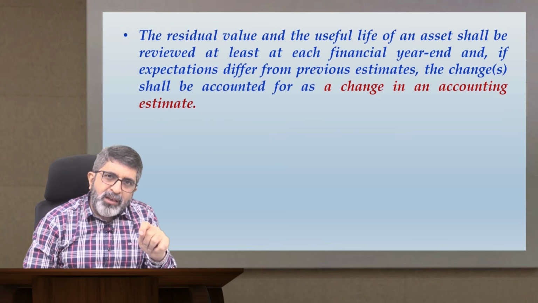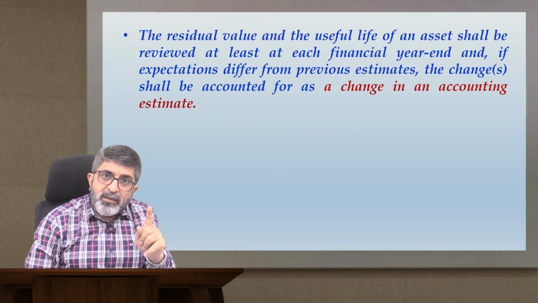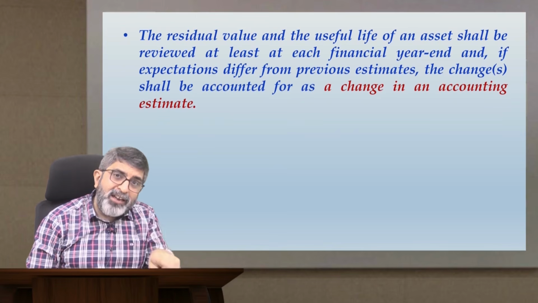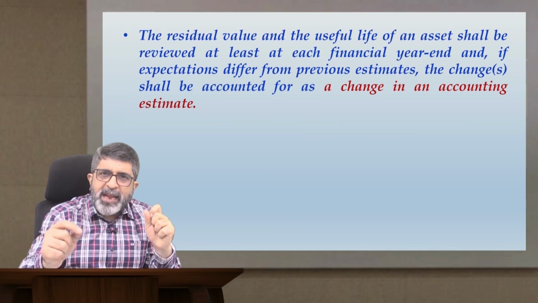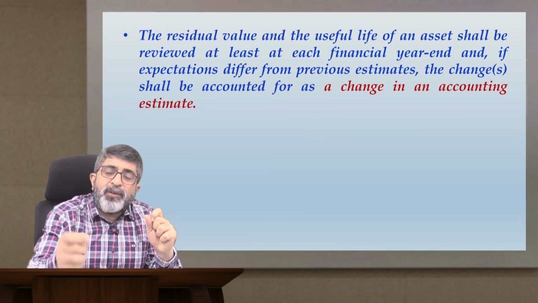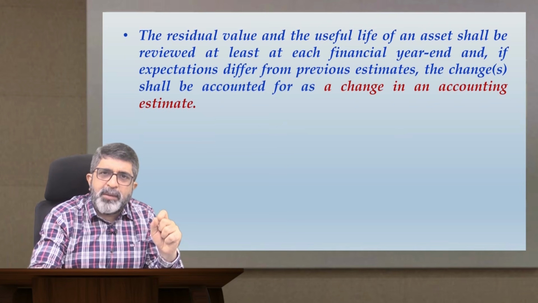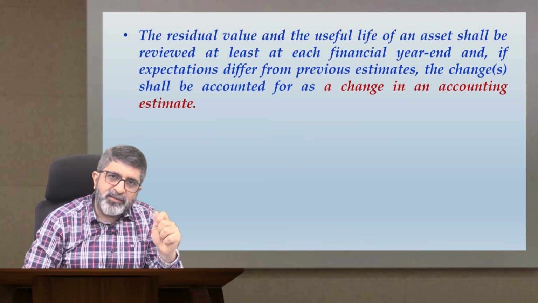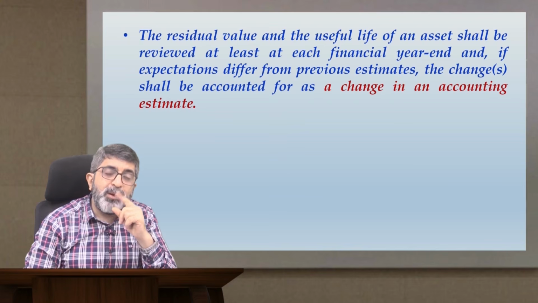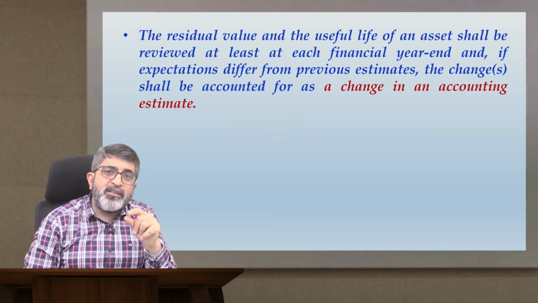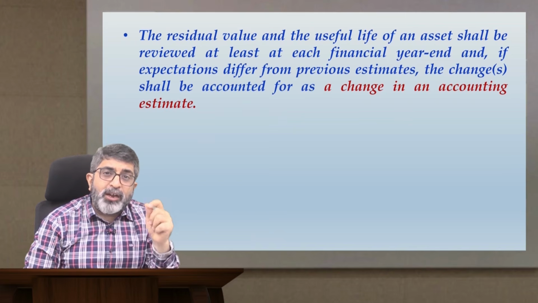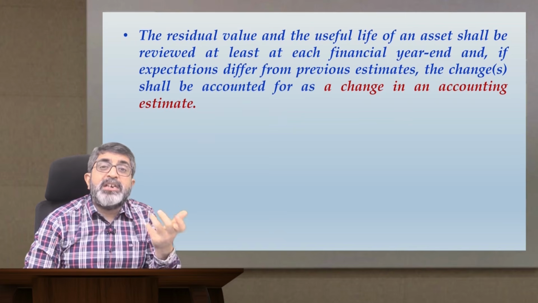Do you think actually the life is going to be exactly 10 years? Sometimes it may have a lesser fluctuation. Instead of 10 years, it may be 9 years or 11 years or 12 years. Fine. But what if there is a change in the technology, so that your old technology asset becomes obsolete?